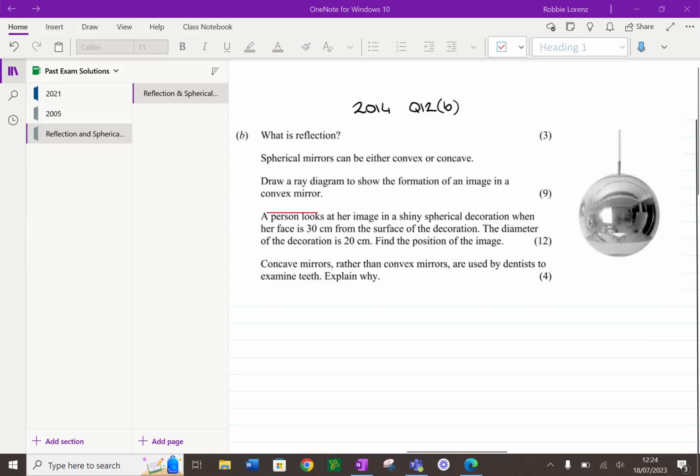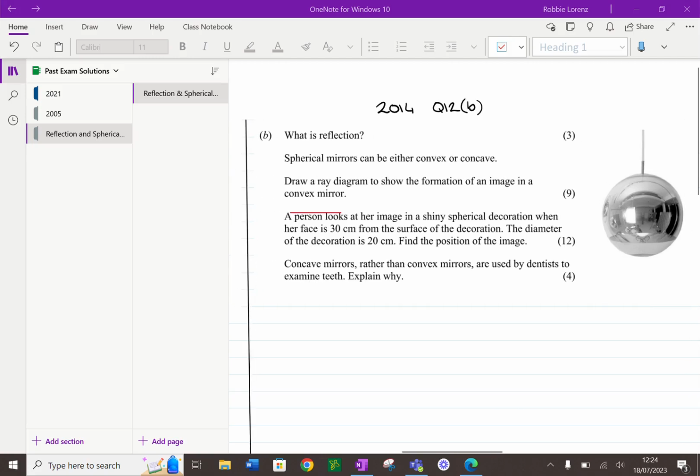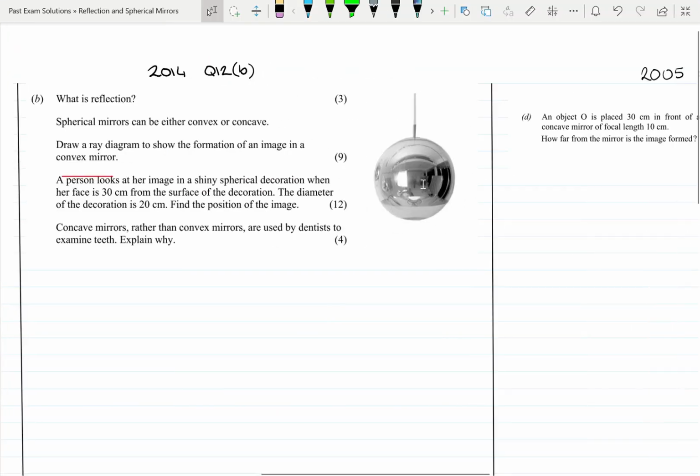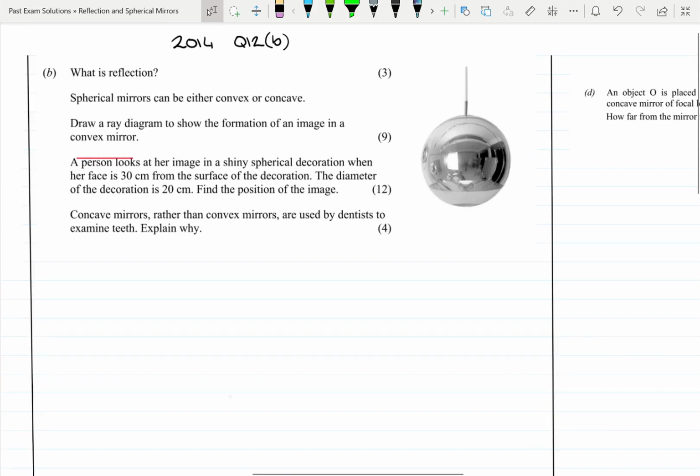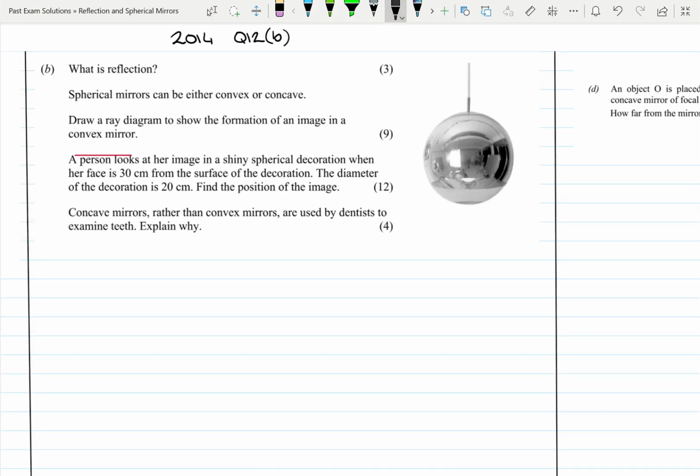Okay, so we're going to have a look now at our next question, 2014, question 12b. First up, what is reflection? A small little definition for 3 marks, an easy 3 marks. Everyone should be aware of their definitions.